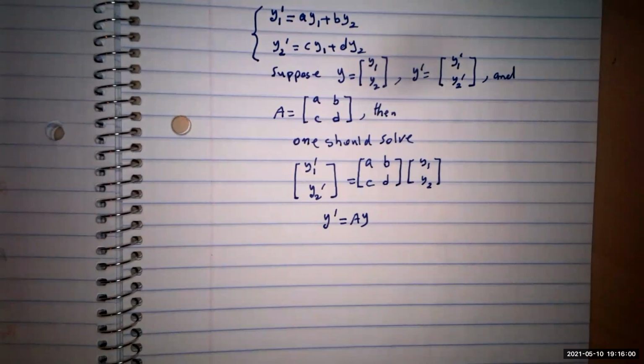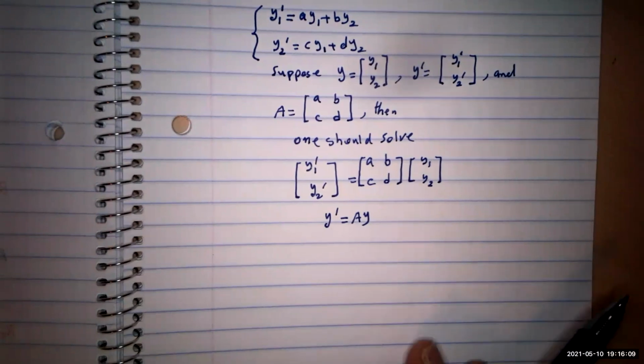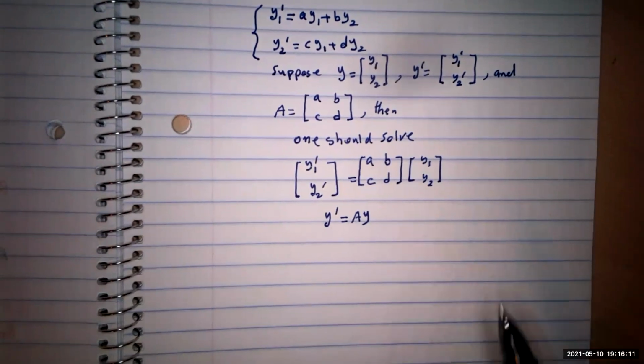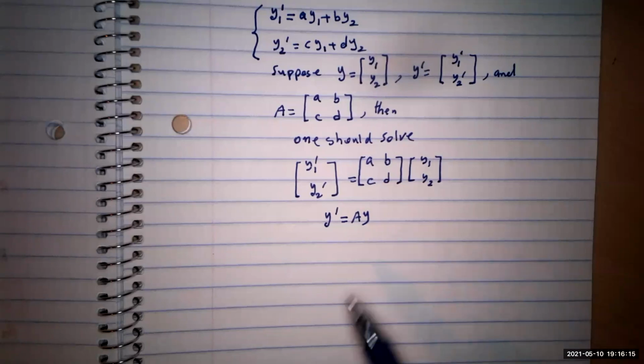When it's a linear equation, you are looking for a function whose derivative is just a multiple of the function. For this type of function, we can guess the solution of this equation. The solution is going to be an exponential function.